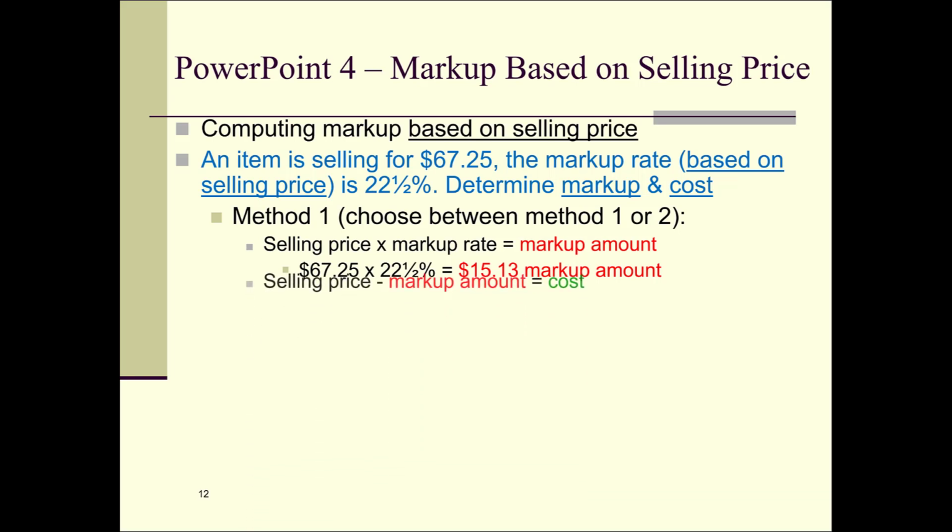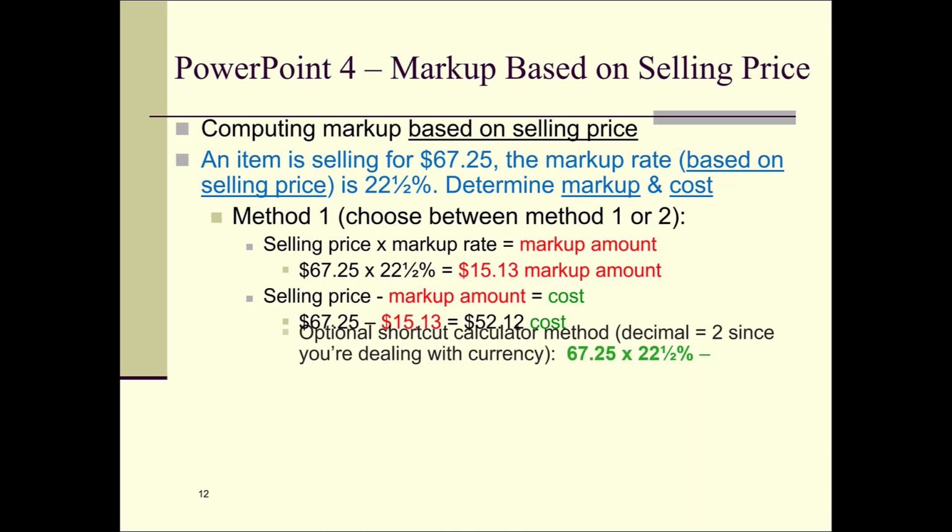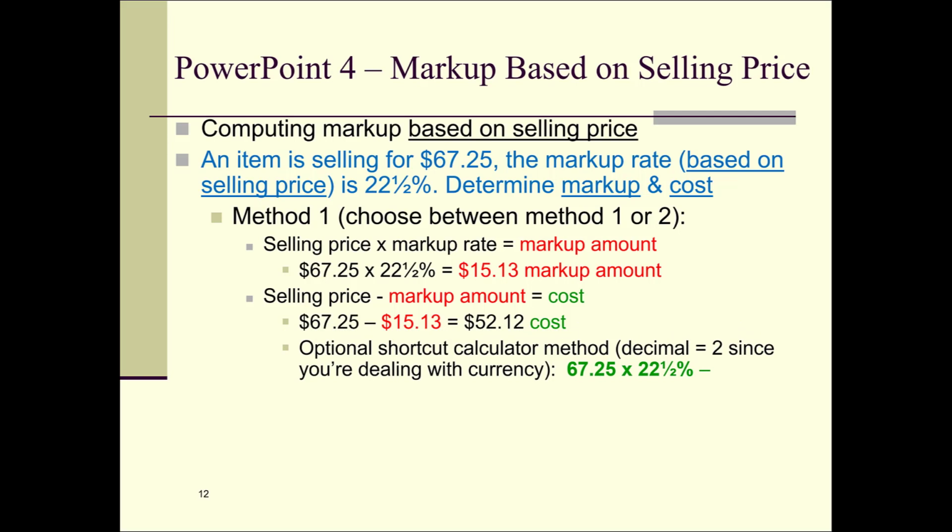To get the cost, we're going to subtract that from 67.25. So the original cost must have been $52.12. The shortcut method on your calculator: 67.25 times 22.5%, hit minus, and that gives you 52.12.